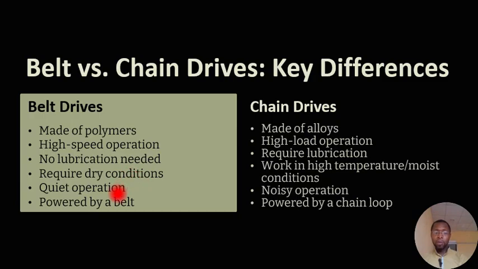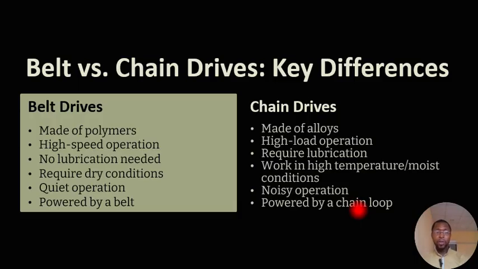Again, the belt drive operates quietly, does not make noise, but the chain drive makes a lot of noise. The belt drive is powered by a belt, while the chain drive is powered by a chain loop. So these are the key differences between the belt drive and the chain drive.